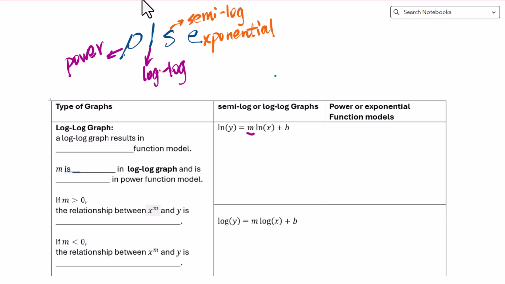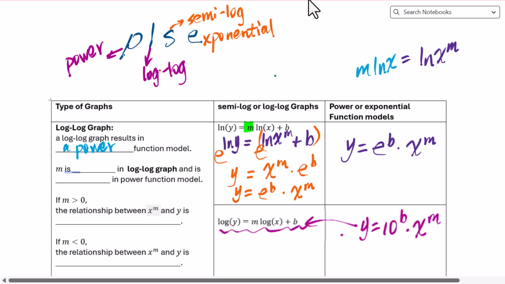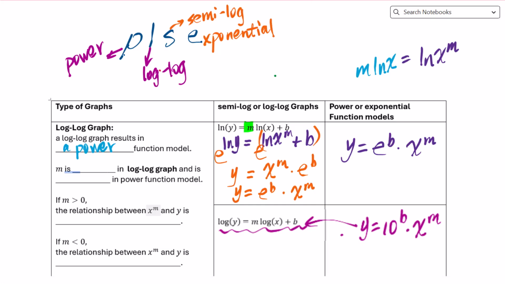A log-log graph results in a power function model. m is the slope in this log-log graph. m is the exponent in this power function model.